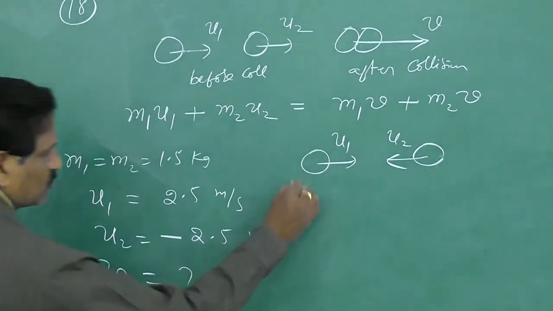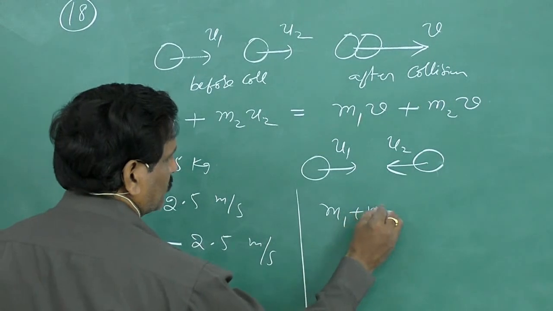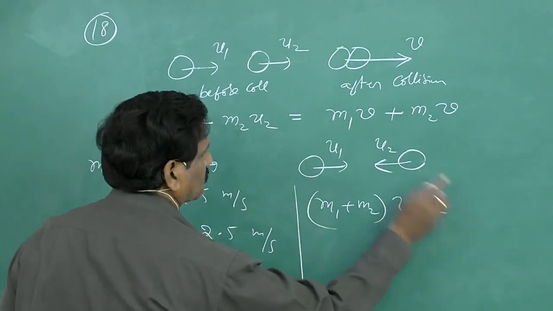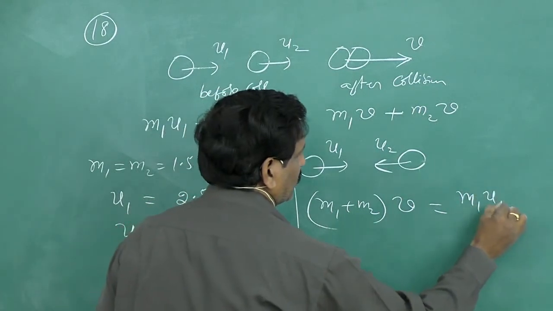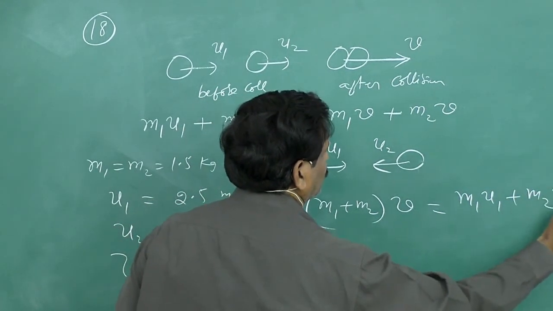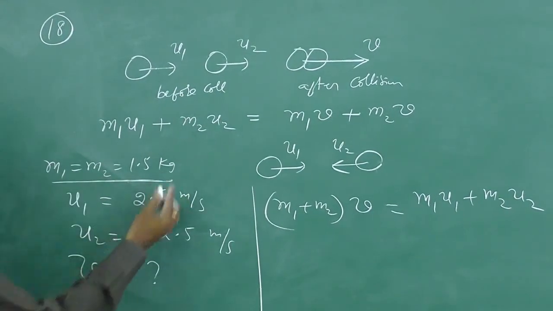So by substituting the values, you can write (m1 plus m2) into v is equal to m1 u1 plus m2 u2. So here m1 and m2 are same, 1.5 kg.